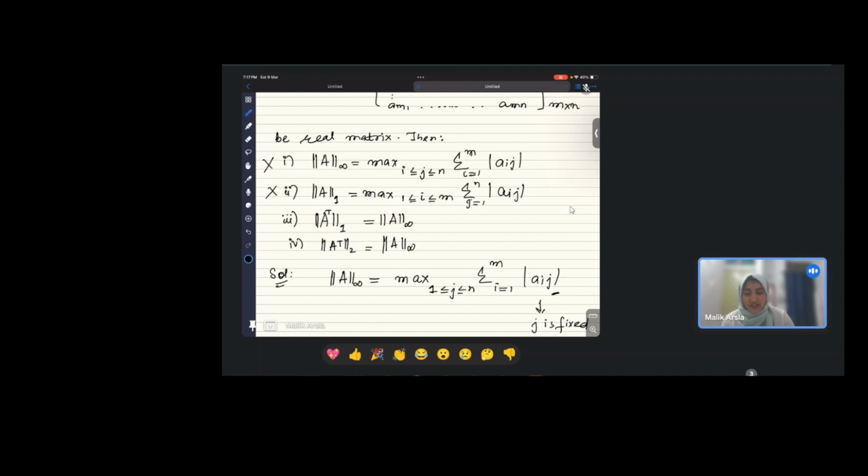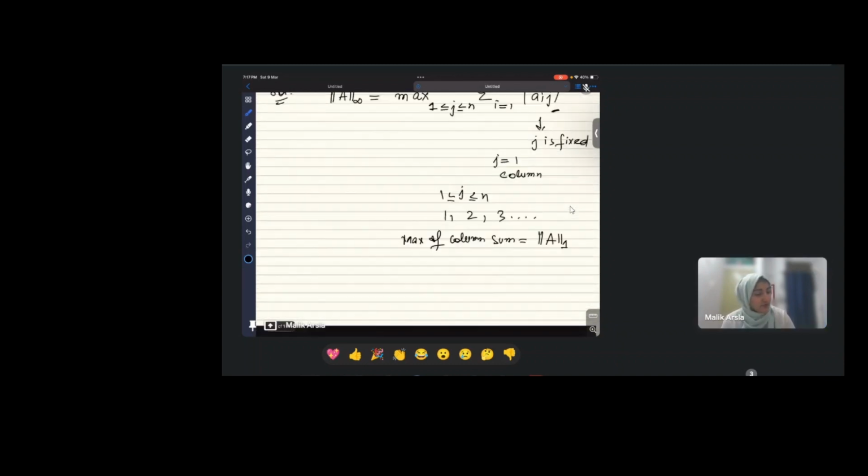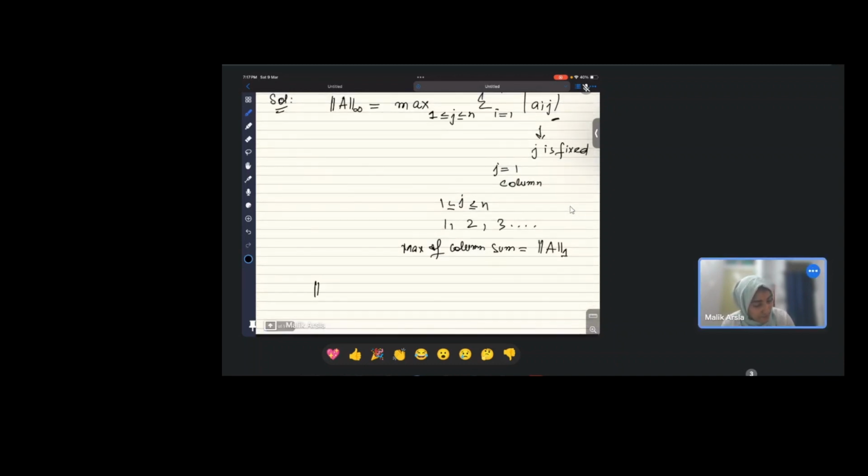Now the third option is correct. Why? Because we know that the infinity norm is the maximum of the row sum. While taking A transpose, we are interchanging rows and columns.